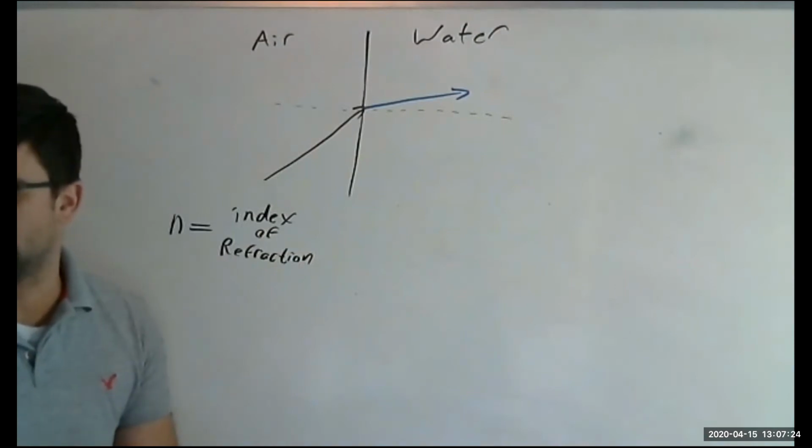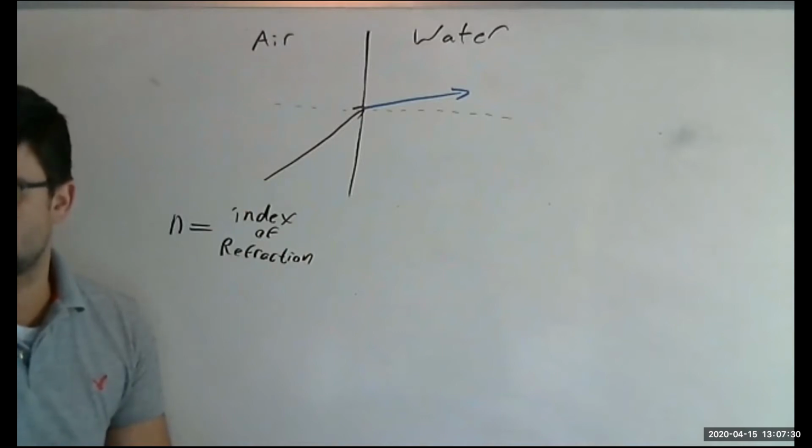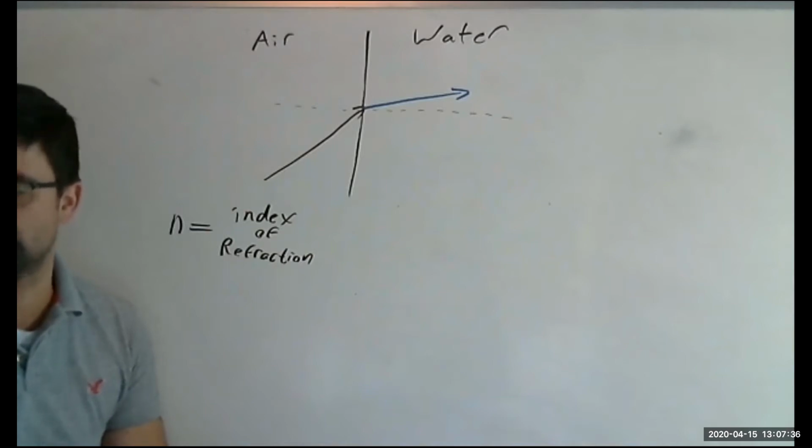Okay, and it basically tells us how the light is going to bend for a particular material.